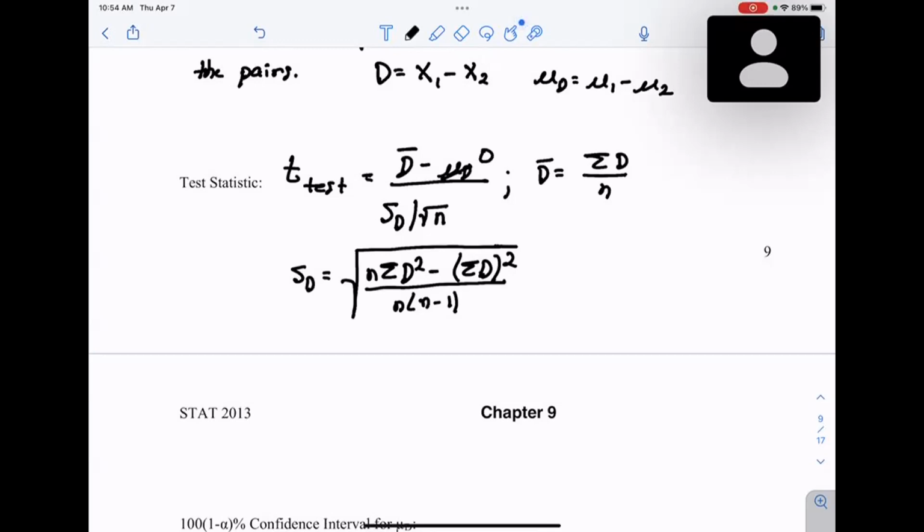What do you think is the easiest way to find d bar and SD? So you can either use your calculator or you can use Excel. You want me to show you how to do it? Okay. Let me stop sharing on this and I'll start sharing back on here.